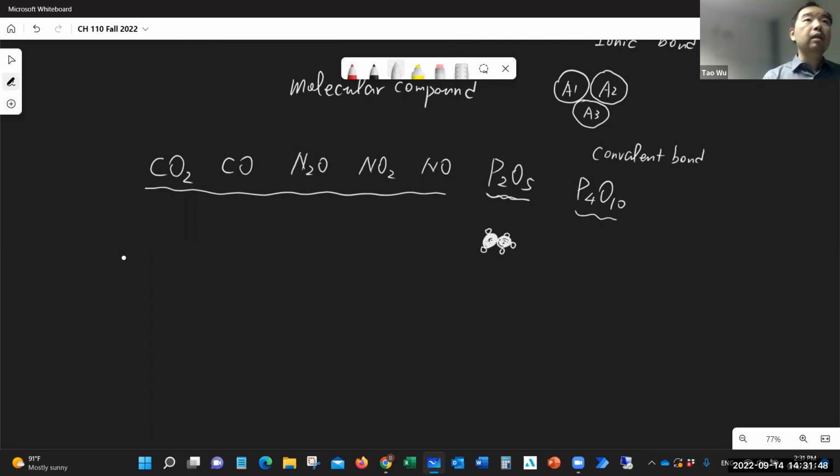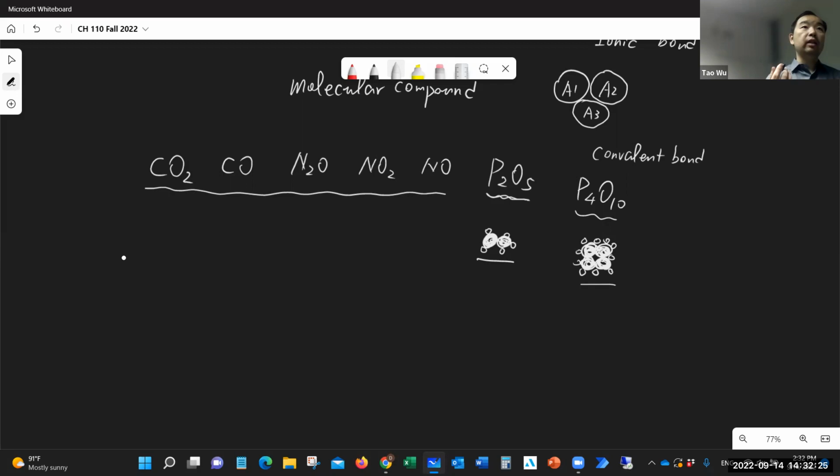But P4O10 has 4 phosphorus and 10 oxygens around it. So those are 2 different molecules, although the ratio is the same. So you have to specify what kind of molecule it is.